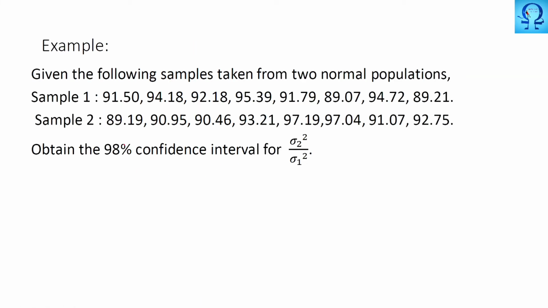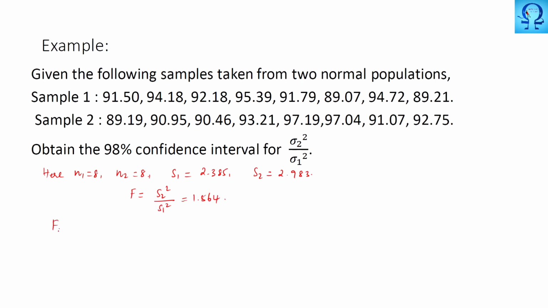Here we have an example. Sample data is given for two different samples, and we are asked to obtain the 98% confidence interval for this. If you count, n1 is 8, n2 is also 8, and using a calculator you can calculate s1 as 2.385 and s2 as 2.983. Therefore your f value, that is s2 square upon s1 square, is 1.564.